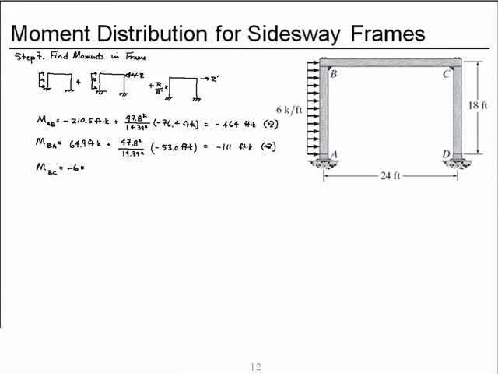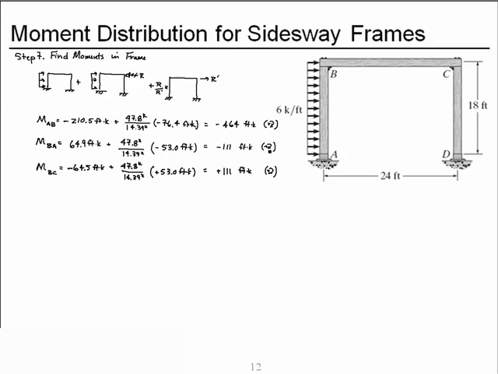So we have the negative 64.5 foot kips plus the same ratio times the positive 53 foot kips, and together they add up to be 111 foot kips.